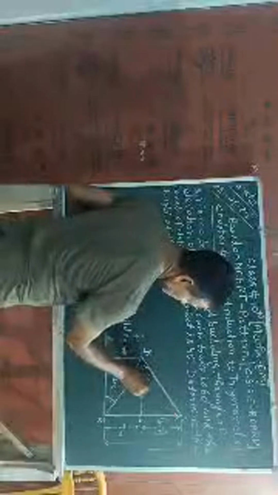From this point I am looking at 60 degrees to the top of the cable tower. So this length BC is known as the top of the cable tower. This angle I have written here as 60 degrees as per the question.